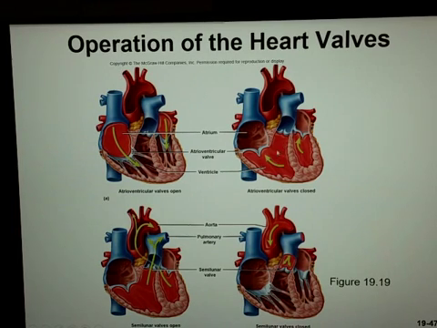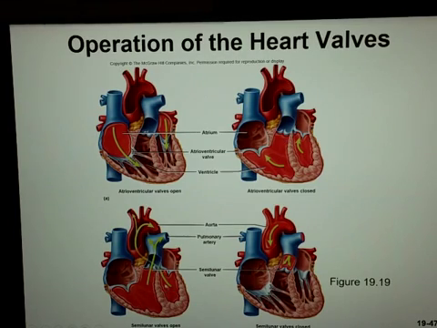Because the pressure has now increased in these ventricles, it causes the atrioventricular valves to close. Now, the only other place to go is to open the semilunar valves.